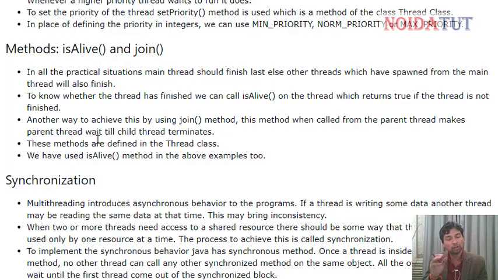Another way to achieve this is by using the join method. When called from the parent thread, this method makes the parent thread wait till the child thread terminates. These methods are defined in the Thread class, and we have used the isAlive method in the above examples too.